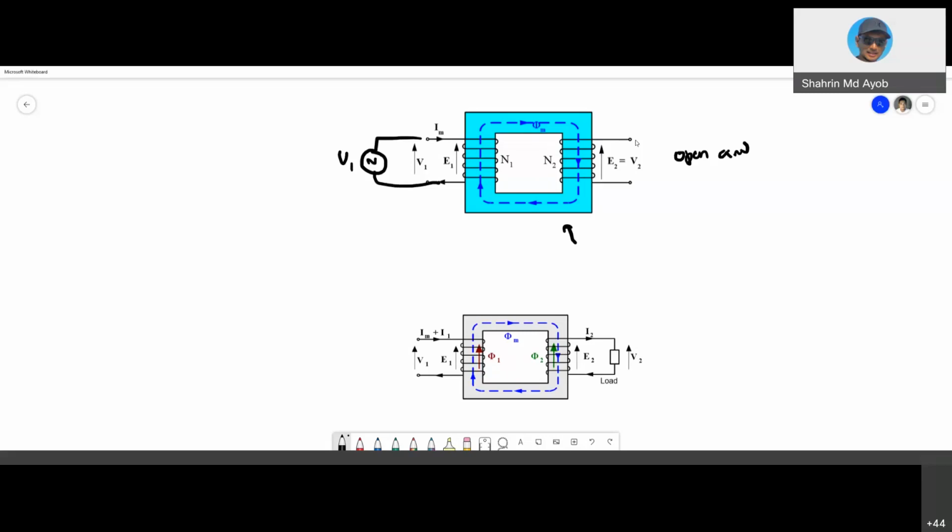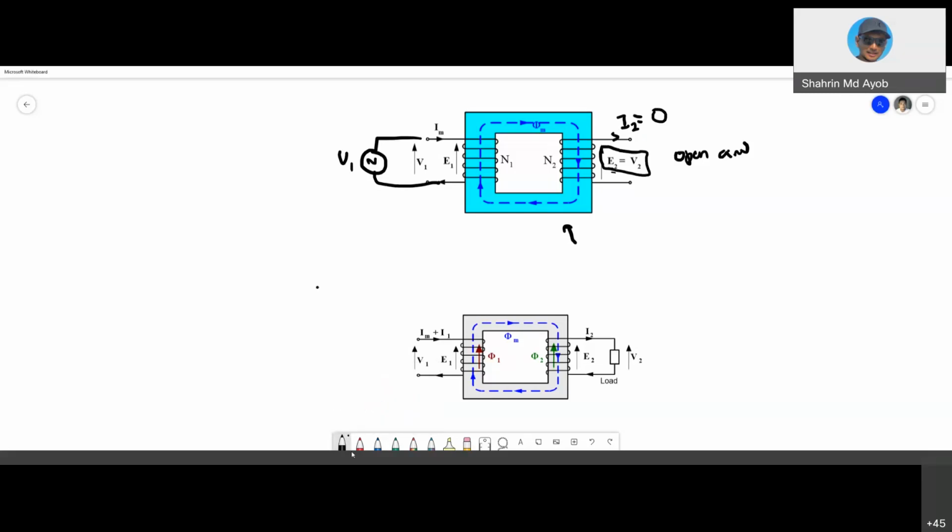E2 is the voltage induced at the secondary part due to the flux. Since this is an open circuit, meaning there is no load connected, V2 is equal to E2 for this case. E2 is equal to V2 because in open circuit the current I2 is 0.